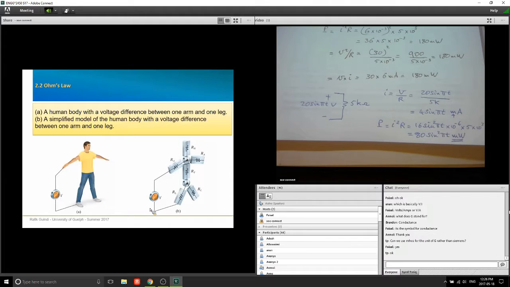So in here, we're modeling a human body with resistances. Because if there is electricity going through your body, it is going to resist that. So there is resistance in there. If you have this particular person standing, we're going to model the different parts of their body with different resistances.